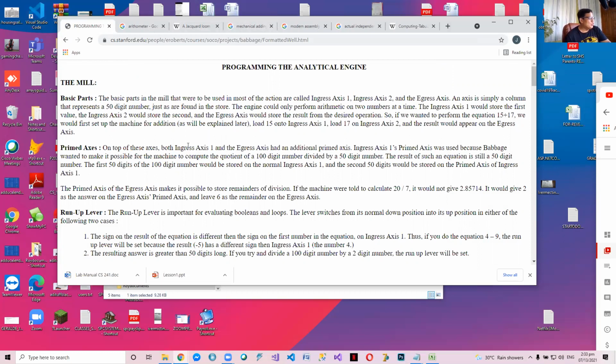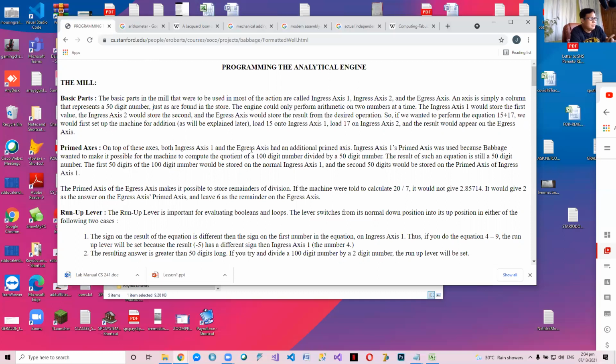There are 2 types of prime axis, ingress and egress. Ingress is used to store input. Egress stores the result. So if you have 3 plus 2, 3 is in ingress axis 1 and 2 is in ingress axis 2. And then 5 is in the egress axis.